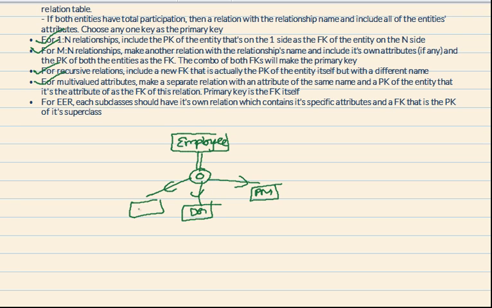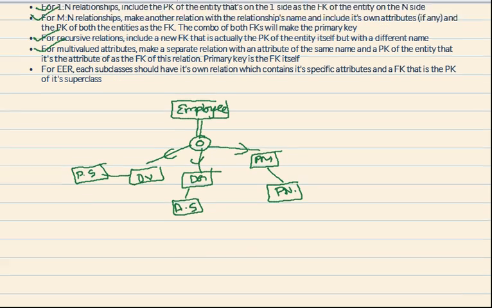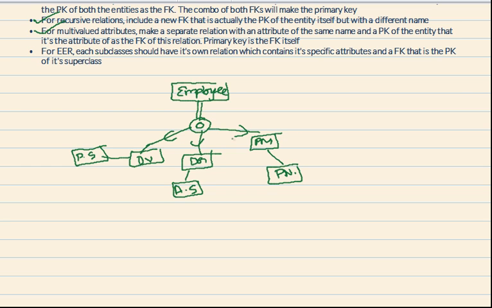Each of these has separate attributes, like developer has some programming skills, and designer has some Adobe skills, like Adobe Photoshop or Adobe Illustrator or whatever. And project manager has maybe an attribute like the project it's managing, the project name. I'm just making it up. I know it doesn't make sense, but I'm just doing it for example.